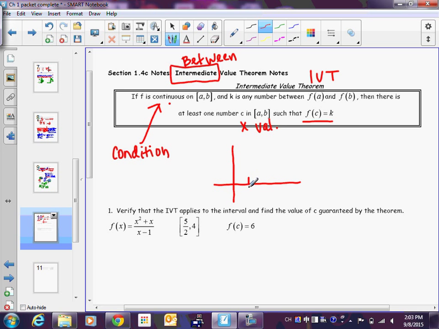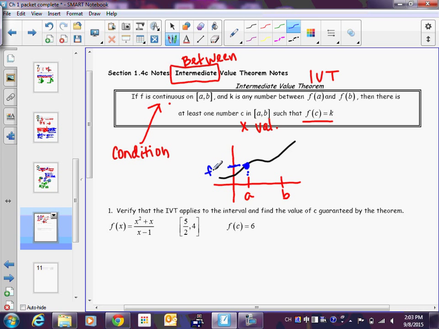So if a and b are x values, let's go ahead and plot them on the graph. And let's just draw any curve we want. It doesn't have to be increasing, it could have been decreasing. And if a is the x value, then what do we call the y value?